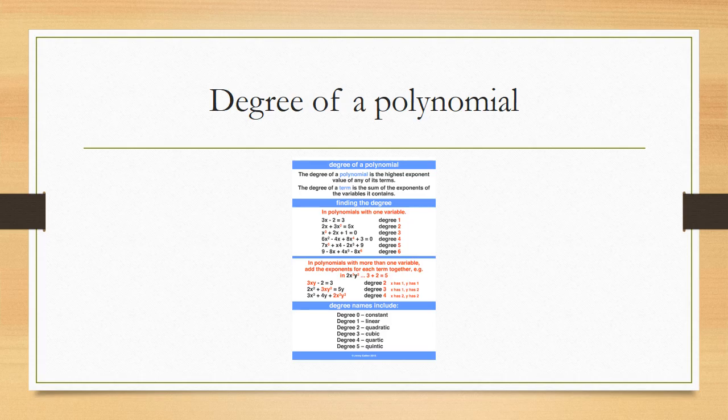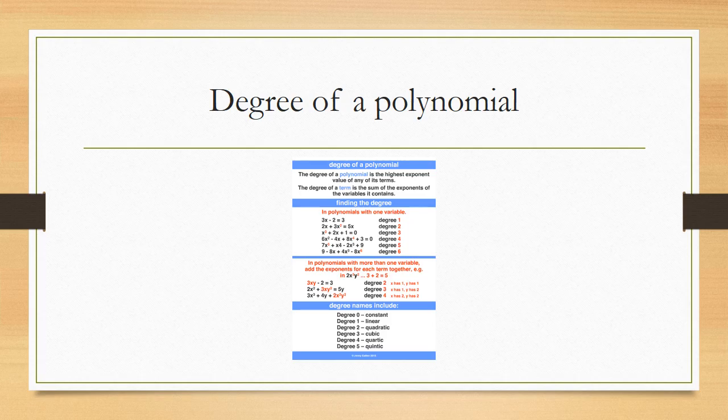In polynomials with more than one variable, add the exponents for each term together. For example, in 2x cube y square, add the powers 3 plus 2, that is 5. 3xy minus 2 is equal to 3 has the degree 2, as x has 1 and y has 1. 2x square plus 3xy square is equal to 5y: degree is 3, as x has 1 and y has 2.